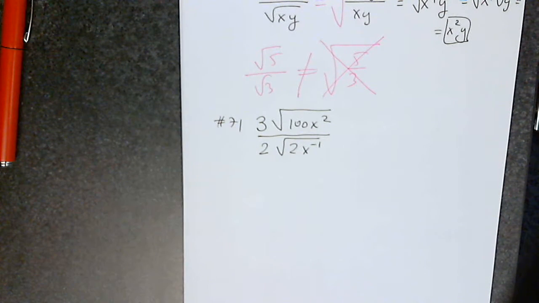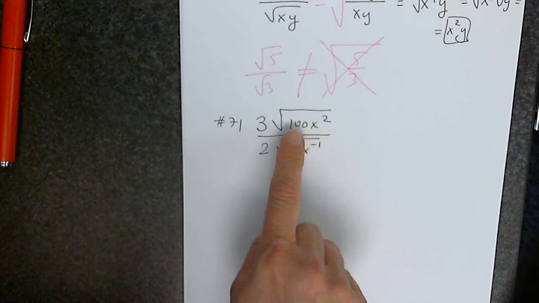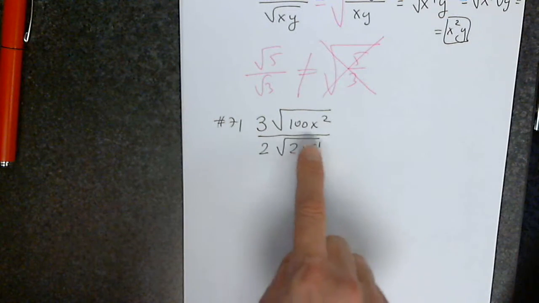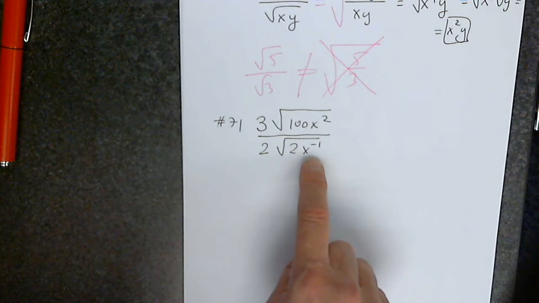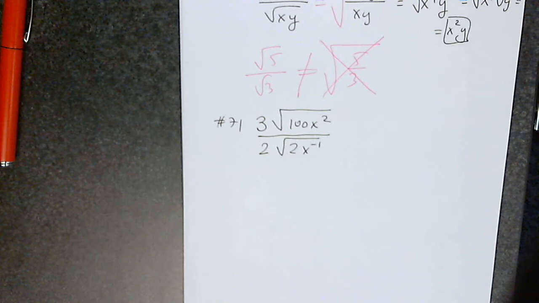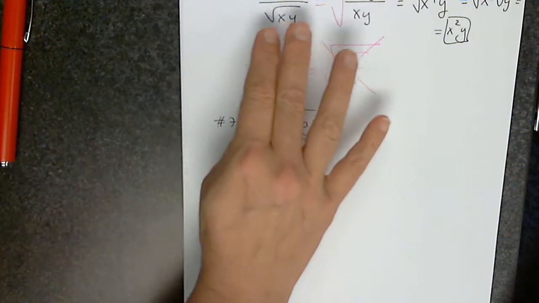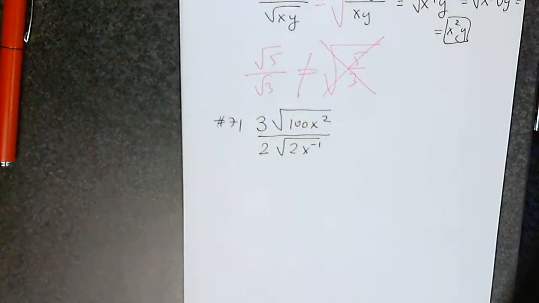I do not recommend you simplify anything under the square root. Just change it into the same square root, because 100 and 2 have a common factor and the x's have common factors. And then deal with the final simplified form later. So, please use this procedure. And let's see what we get.